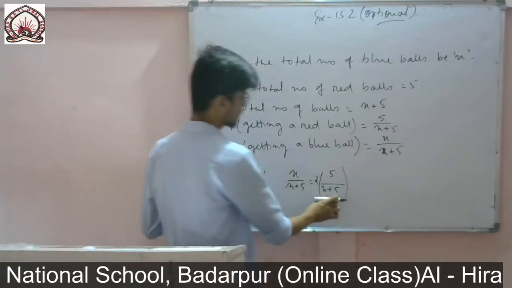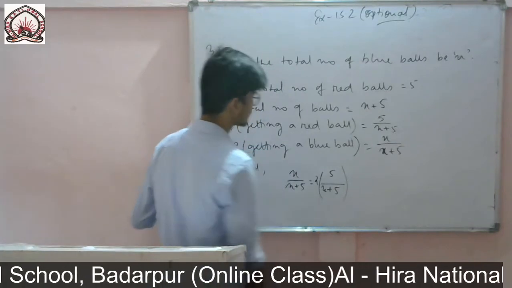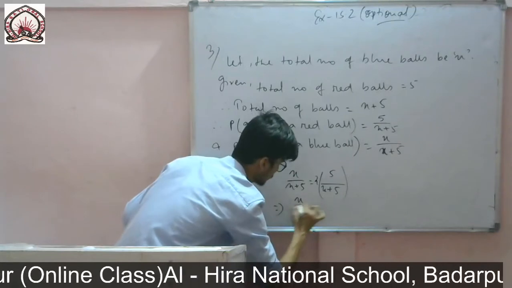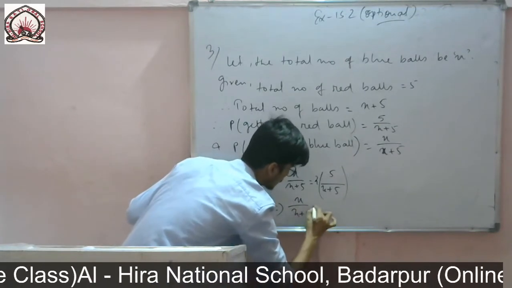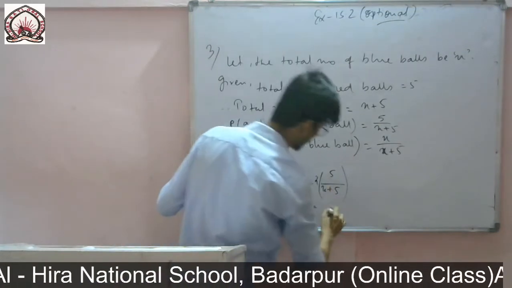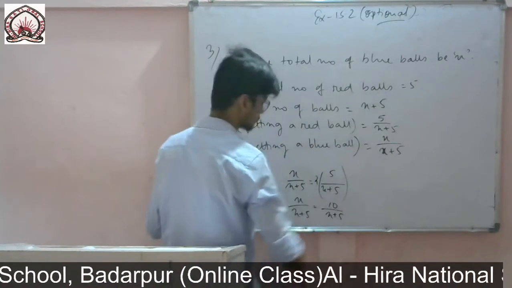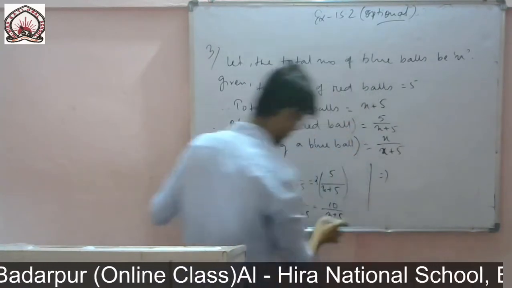So if I simply solve this, it will be x by x plus 5 equals 2 fives are 10, by x plus 5.